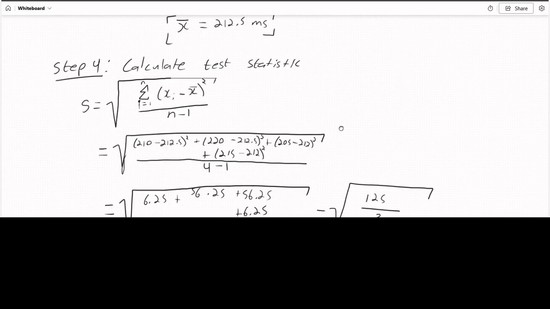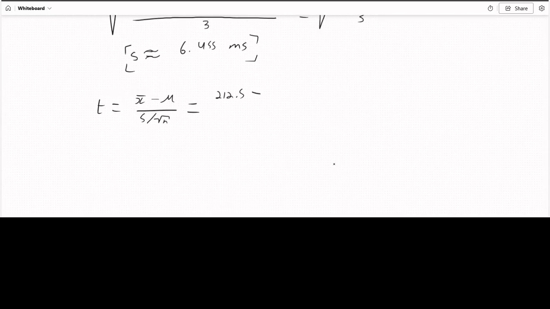So this whole top part is saying, if the human average reaction time is 250 milliseconds, that means we have a total difference in our sample. We have the regular, and then we have the enhanced serum version. We want to find the difference. How much did this drop our reaction time? And then we divide that by s, which we know is 6.455 milliseconds, divided by the square root of n, the number of data points, which is 4.